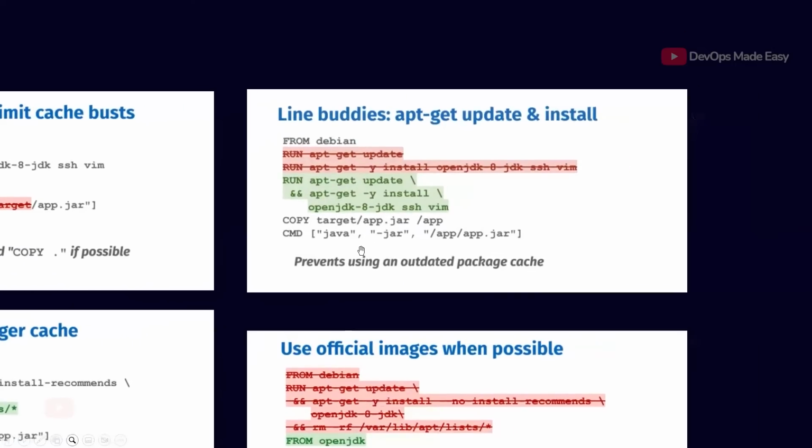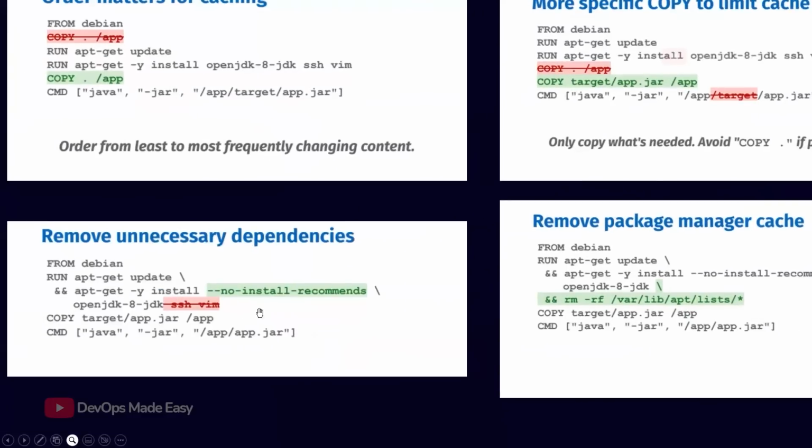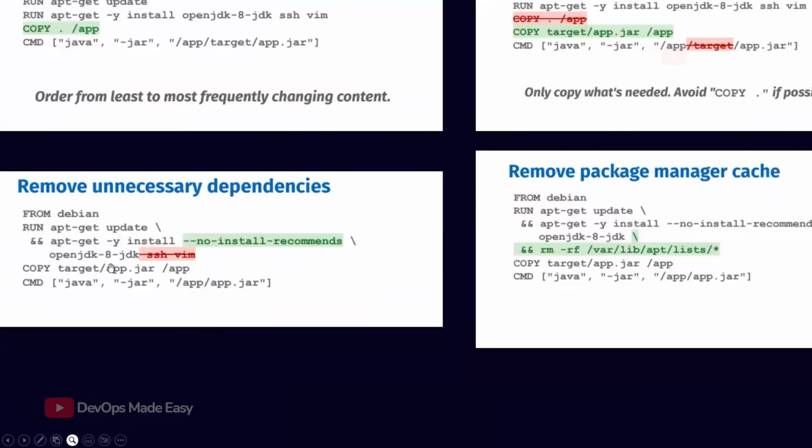And the other thing is you need to club multiple RUN instructions. In this case, what I'm doing is running multiple apt instructions in a single line. So this is one best practice. And the other thing is, as I already discussed, don't try to install unnecessary dependencies.